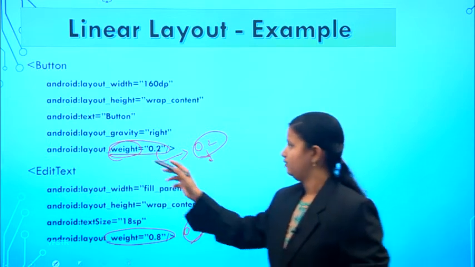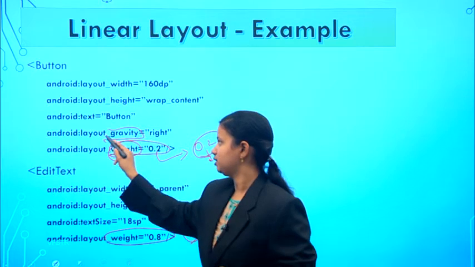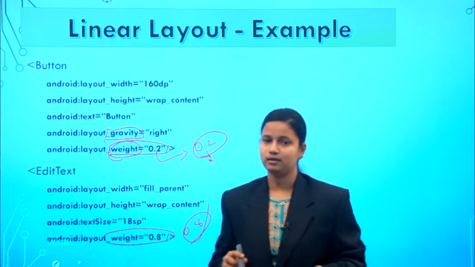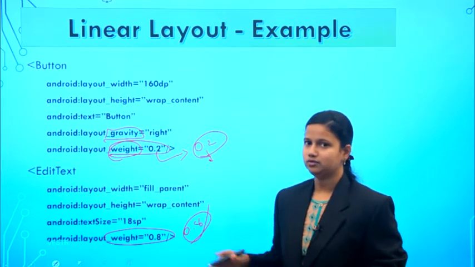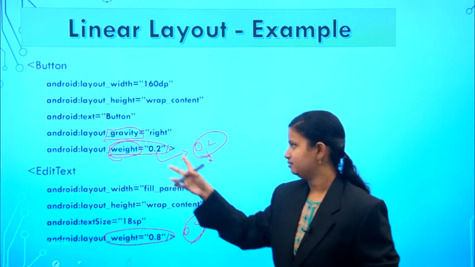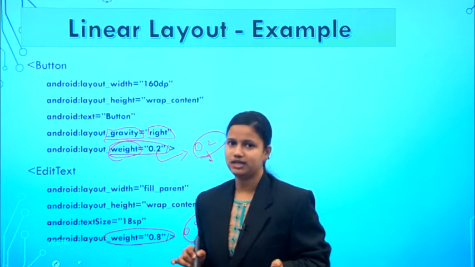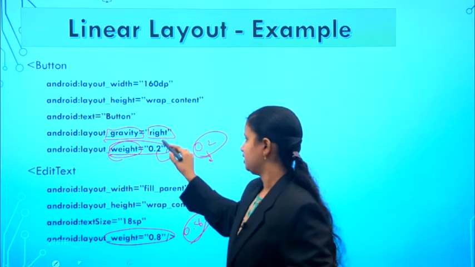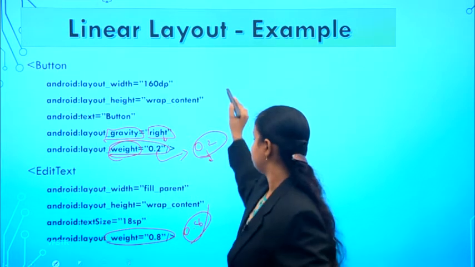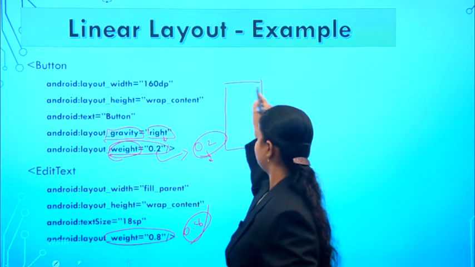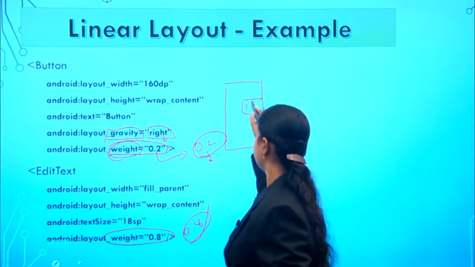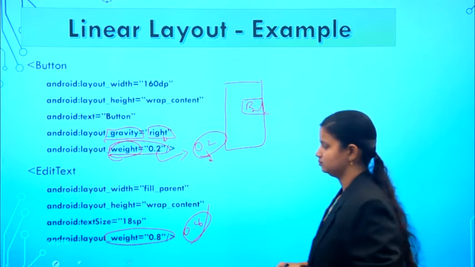And one more thing is the gravity property. These two properties are applicable in a linear layout. The first thing is gravity and the second thing is weight. So what is gravity? The gravity takes different values, center, left, right, but here they are giving a right position. That means in your user interface the button will go to the right side.